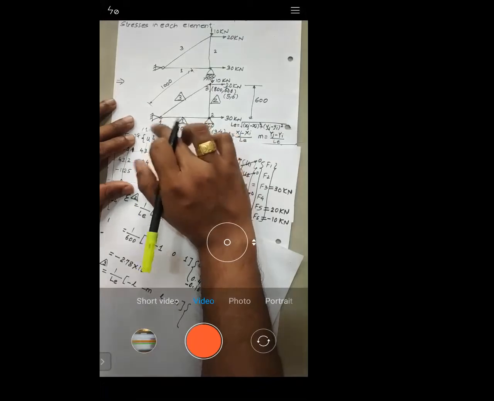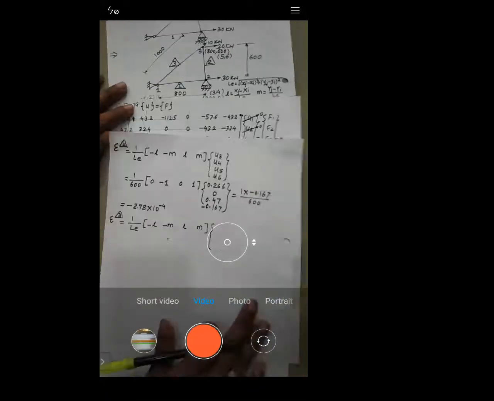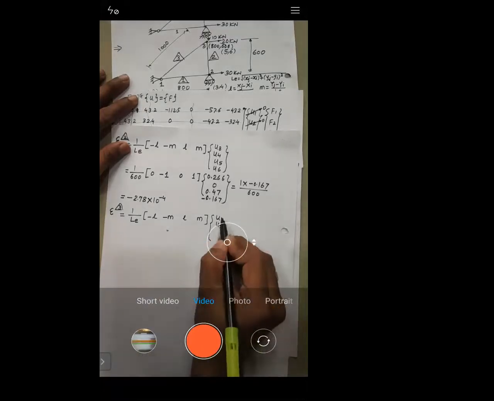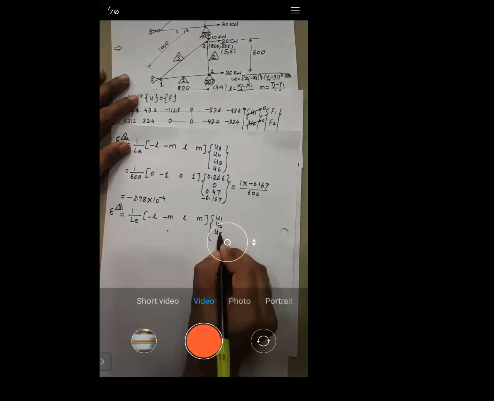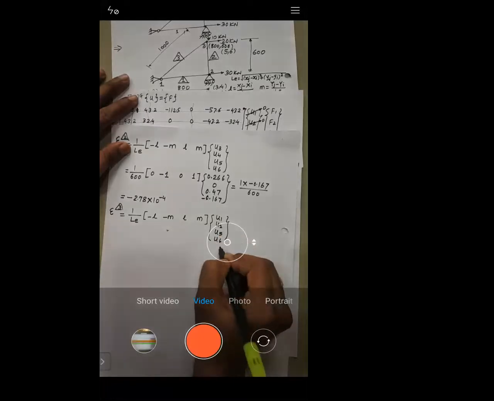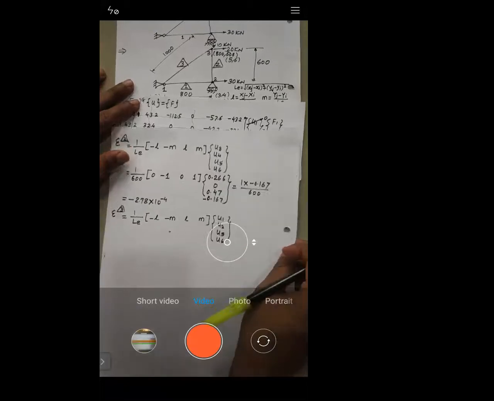For node 1 you have degrees of freedom 1, 2, and for node 3 you have 5, 6. So here I need to write down U1, U2, and U5, U6. It has the degrees of freedom 1, 2, and 5, 6.